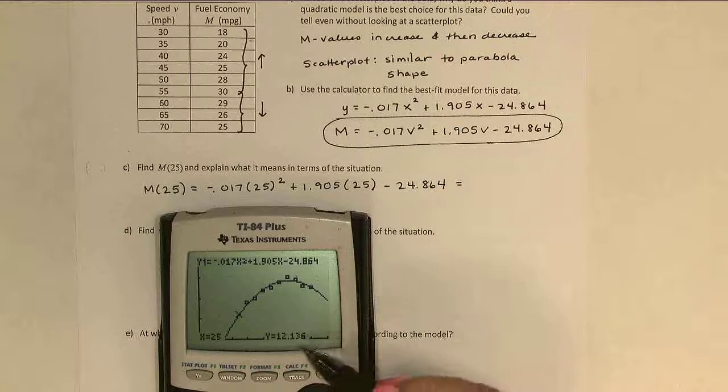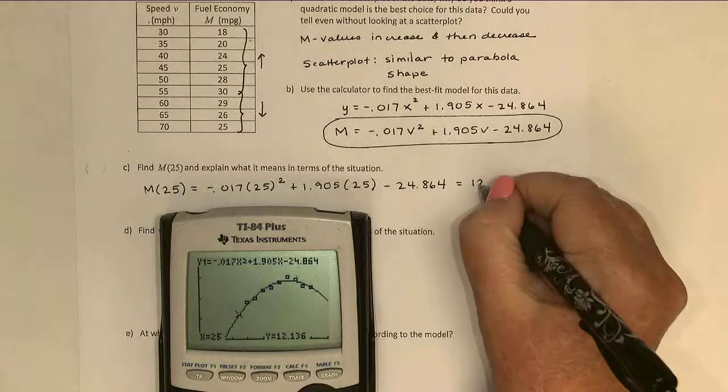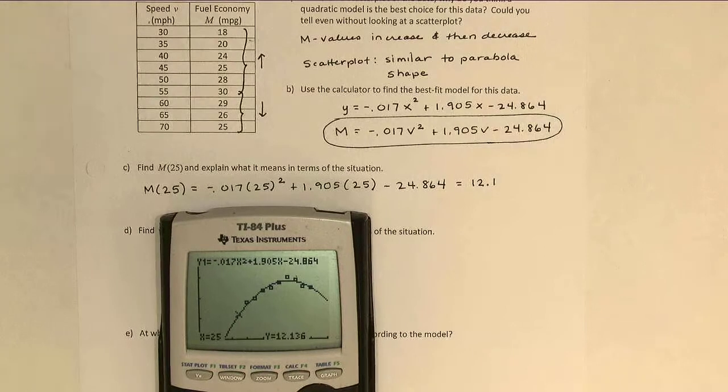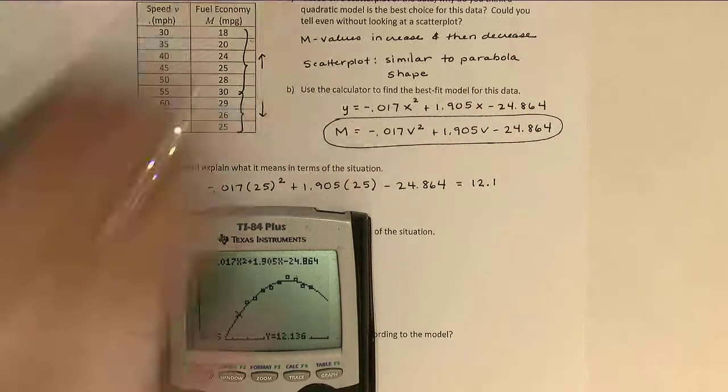It gave me about 12.1. Same answer as you'd get if you typed this in by hand, but a shortcut.